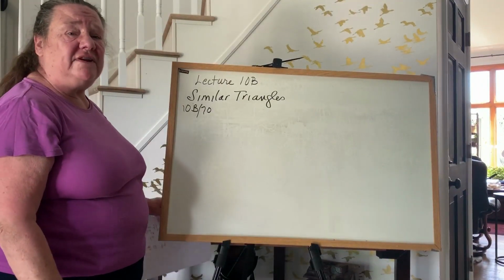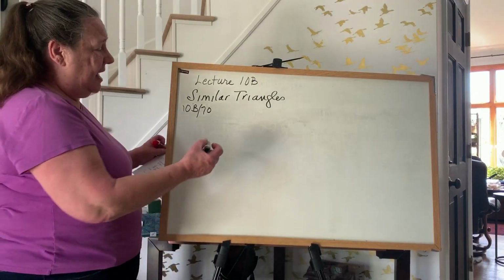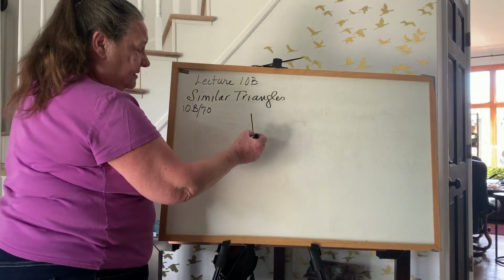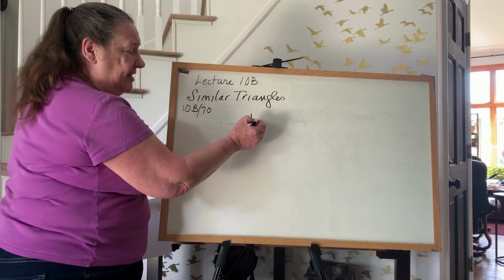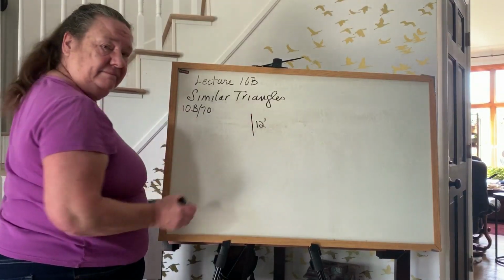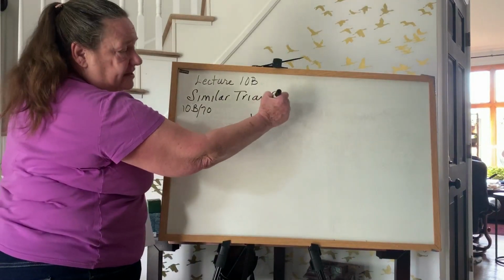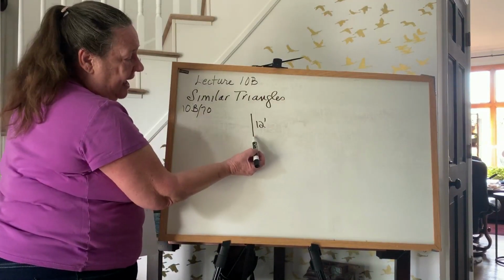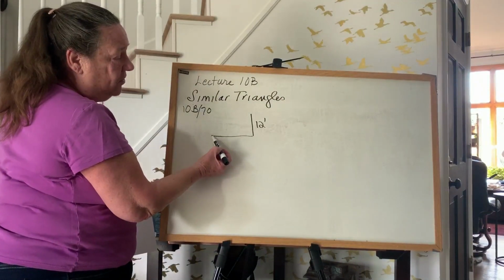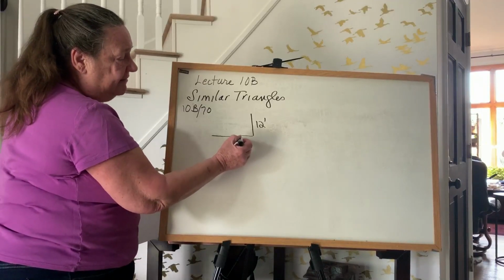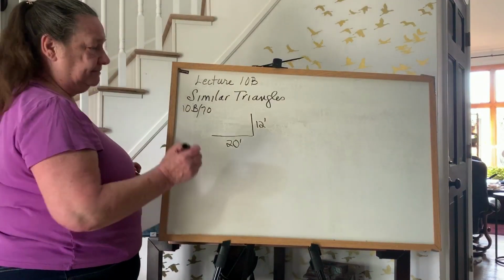Okay, number 70 in 10B says that you have a fence that is 12 feet tall, pretty tall fence, and it casts a shadow. So the sun is over here, and it's casting a shadow of 20 feet on the fence, okay?